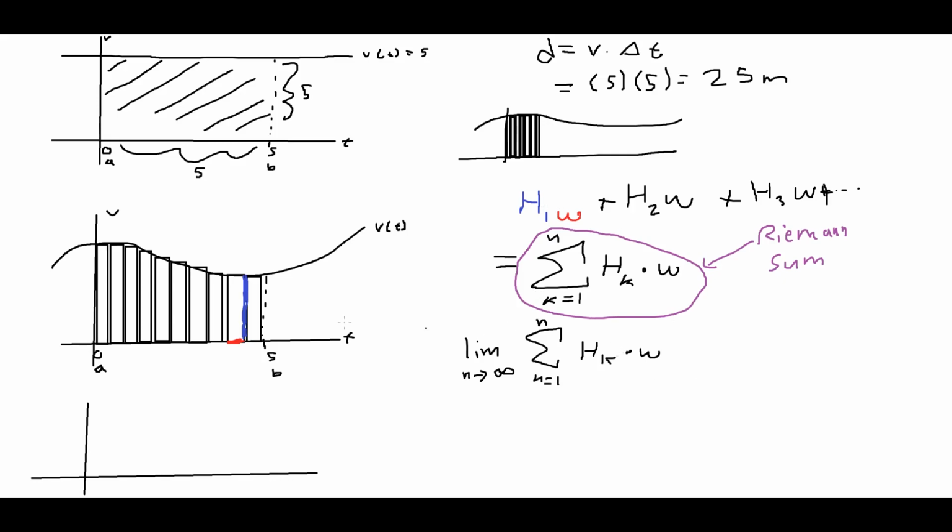So as the number of rectangles approaches infinity for that same interval, you're going to have infinitesimally thin lines defining those rectangles. And as you can see, you approach the true value of the area under the curve.